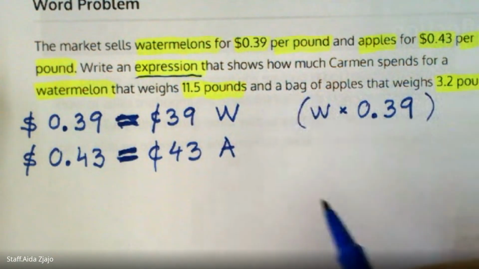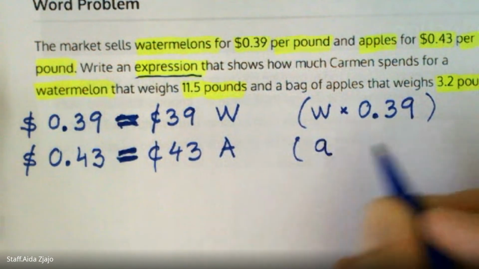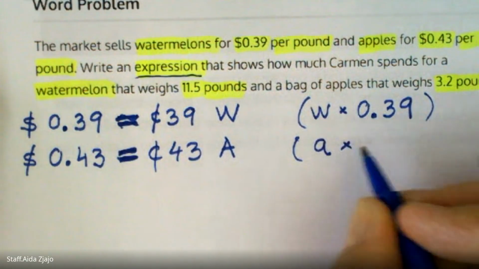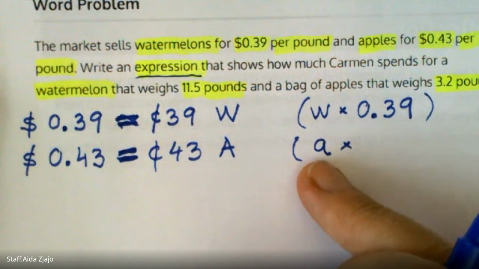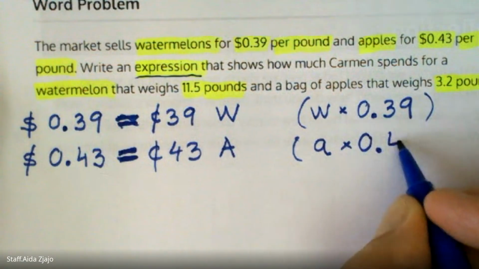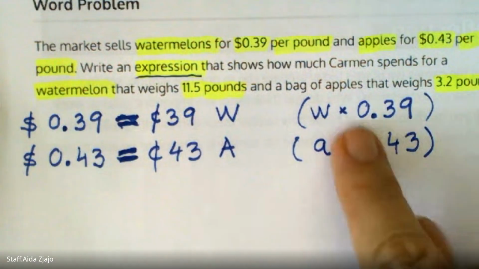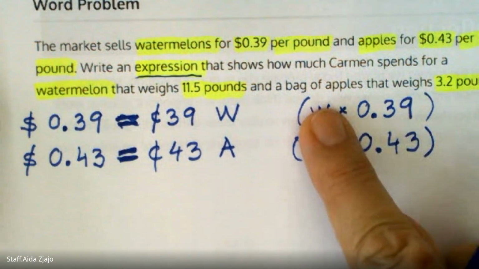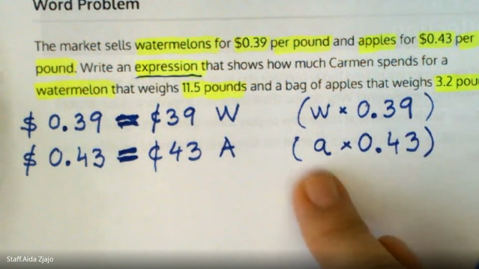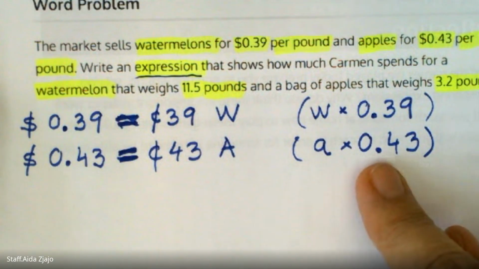And then I could also do an expression for apples. I'll do little A times the price, 0.43 dollars. So this is an expression for any number of pounds of watermelon and any number of pounds of apples.